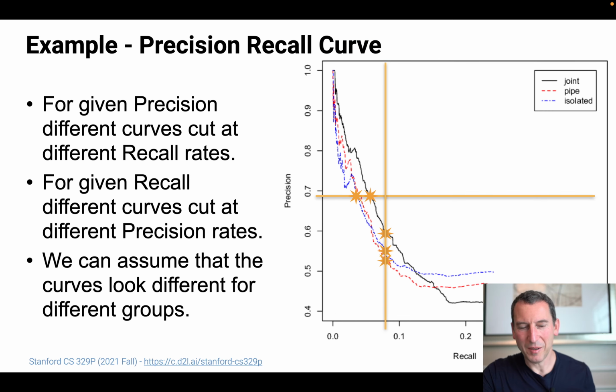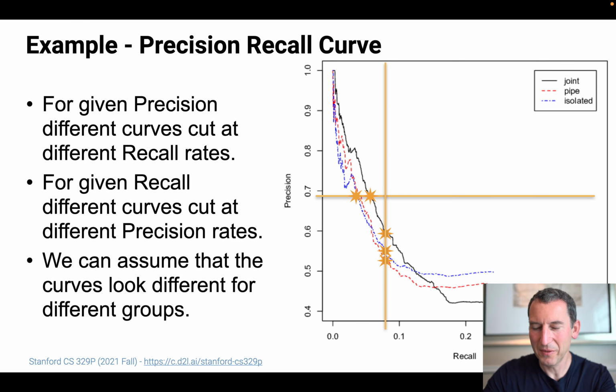We can play the same game for a precision recall curve, and I guess it's getting slightly repetitive because, again, what we'll see is that for a given set of criteria, you can neither do one nor the other properly.